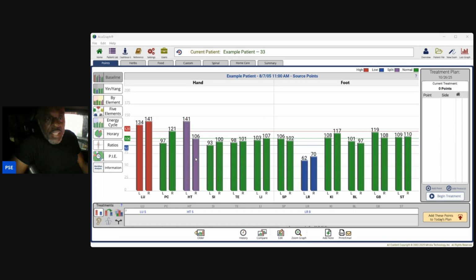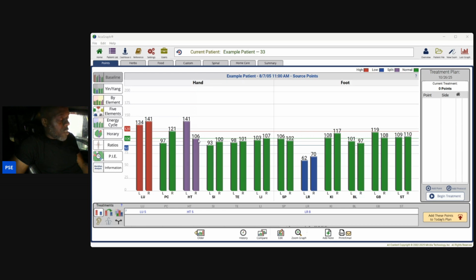But if you look at these numbers right here in the blue, green, and red, you have, say, 92, 106, 120. That's the limit for this patient. So anything above or below is going to be considered an abnormality. For instance, the lung channel, which is red, is way above the first line, and it's at 134 and 141.